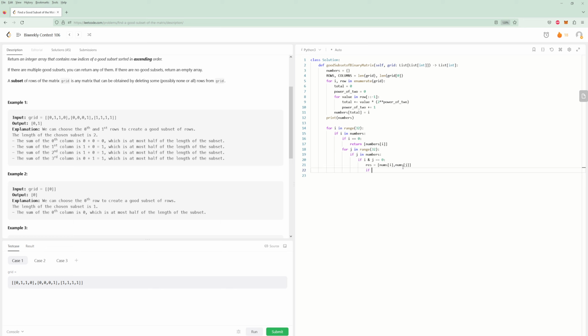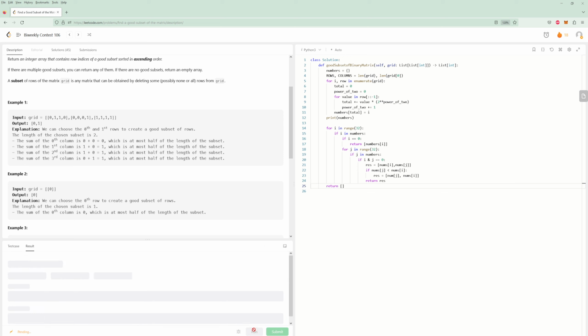So if nums j is less than nums i, res equals, swap them around. That part is pretty straightforward. Okay, now we just return res here. Otherwise, if we went through this whole loop and didn't find anything, we just return the empty array.